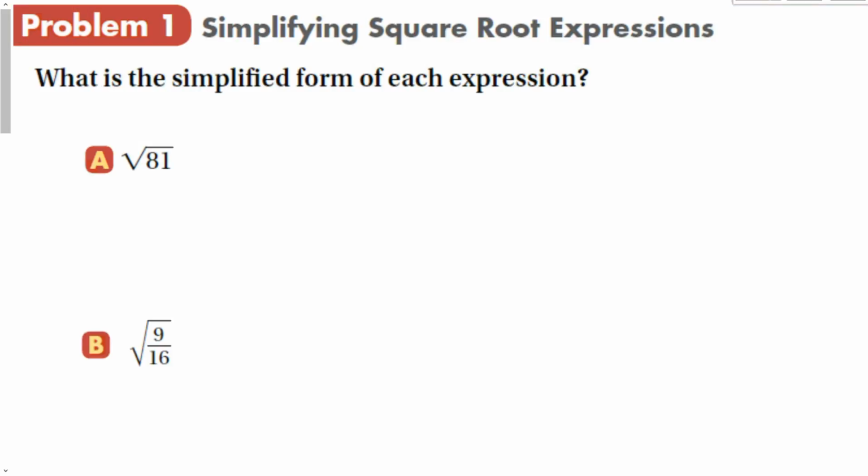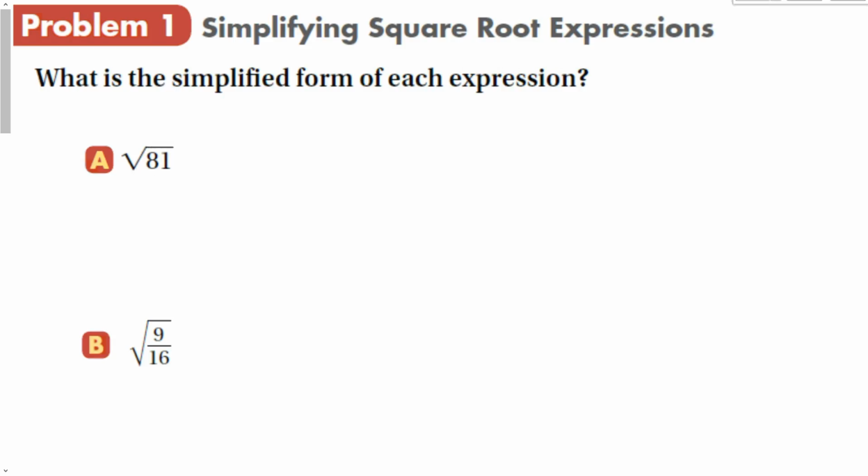So to start off, we start off pretty simply by simplifying square root expressions. So what is the simplified form of each expression? Basically, we just want to figure out what times itself, and that's important, what times itself gives me the thing underneath the radical.